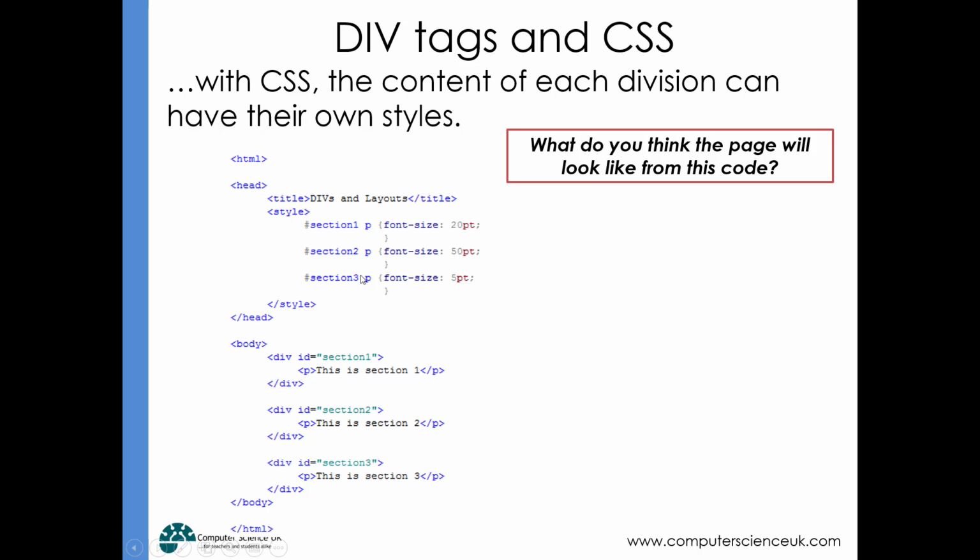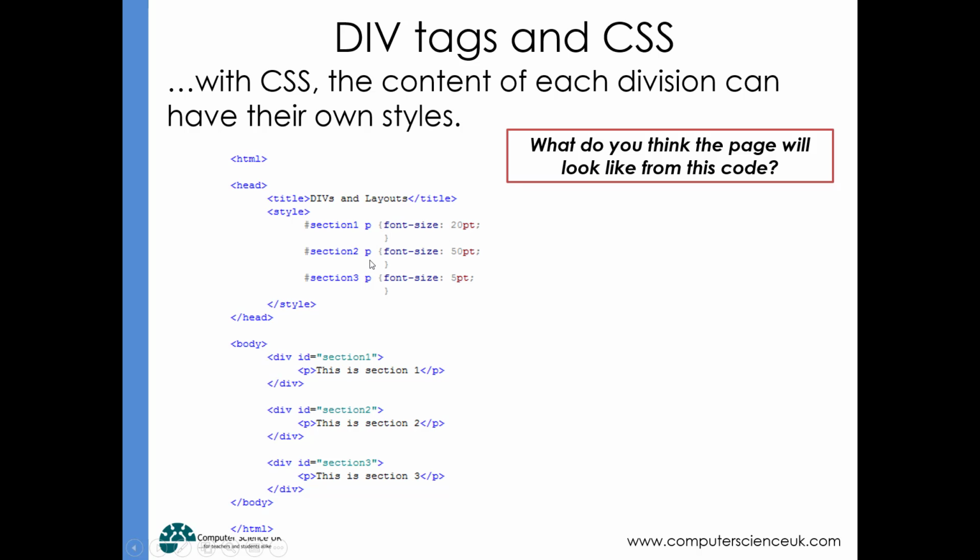So hash section 1 would find the division where the ID is section 1, and we've got some styling applied to the paragraph tag in that division, where the font size has been set to 20.